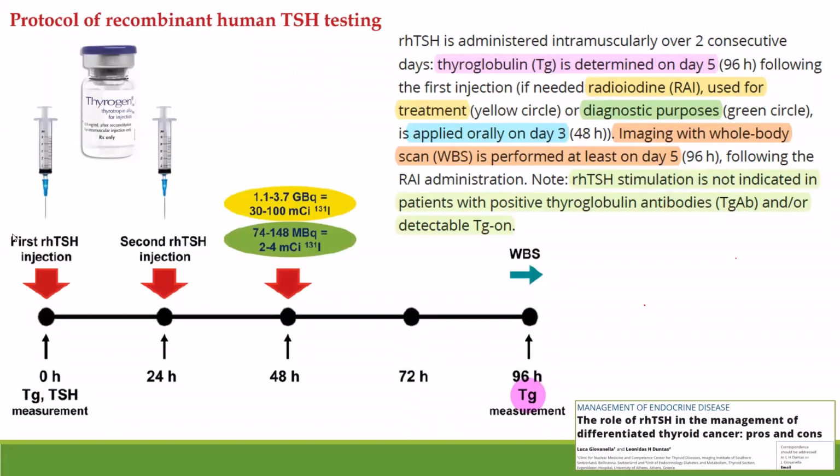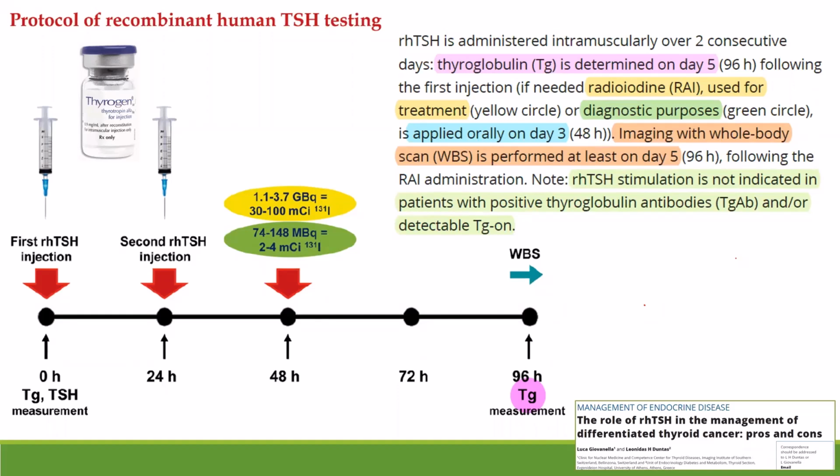Actually, we give Thyrogen, the first dosage. Before giving it, I will measure TG and TSH. And the second dosage after 24 hours. And if we give, in this situation, I will check for whole body scan or radioiodine scan after 48 hours.